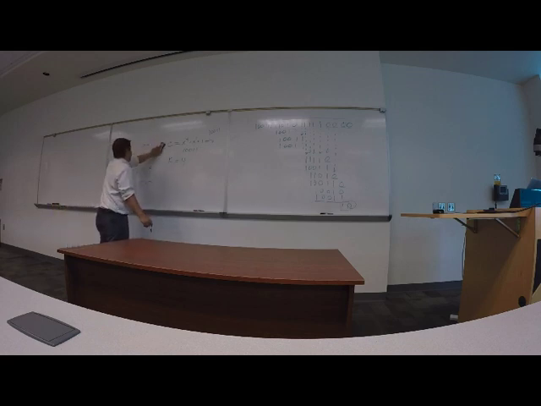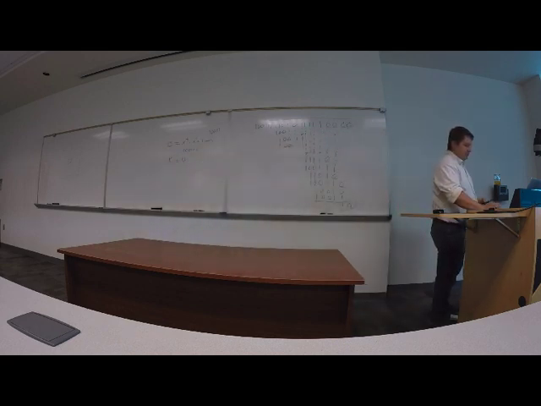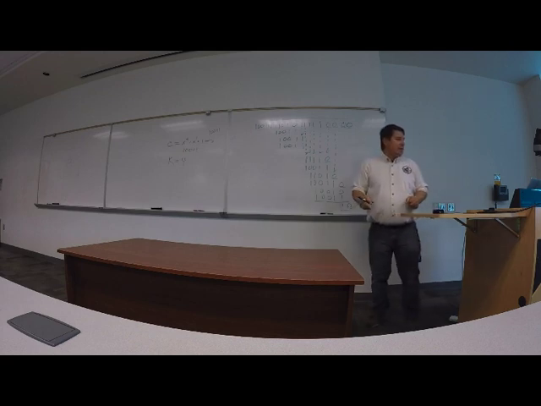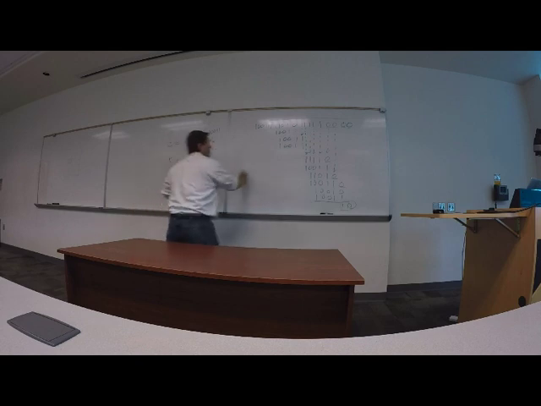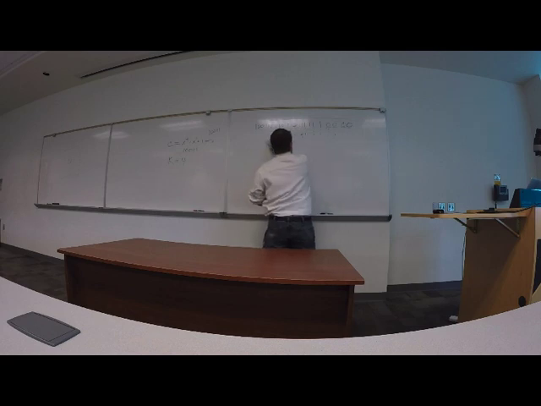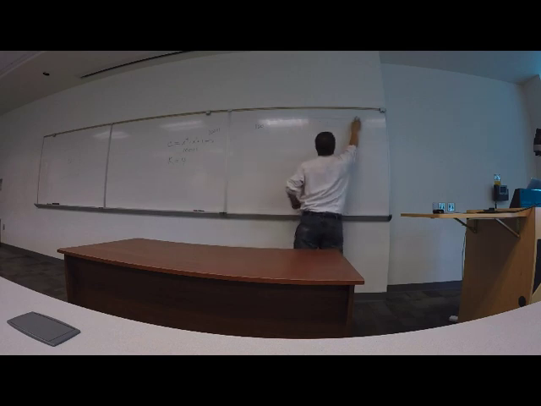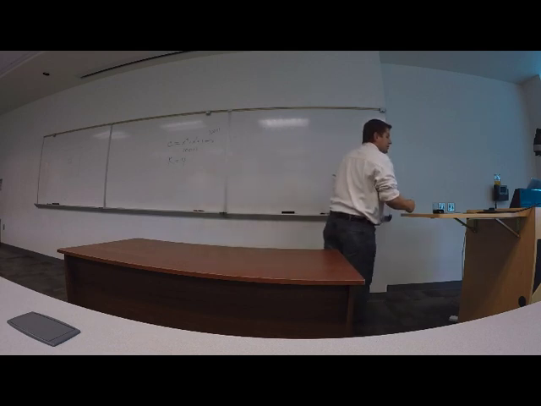So let's actually look at that in practice. In Hamming's paper, he actually described that. Let's say we want to send the data bits 0101.